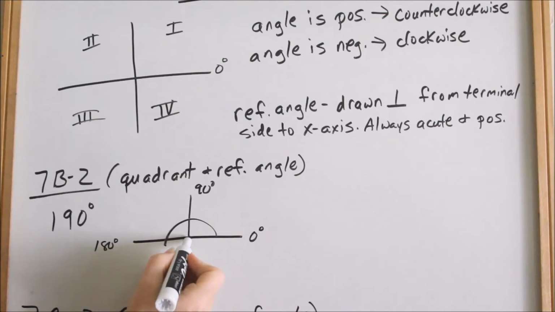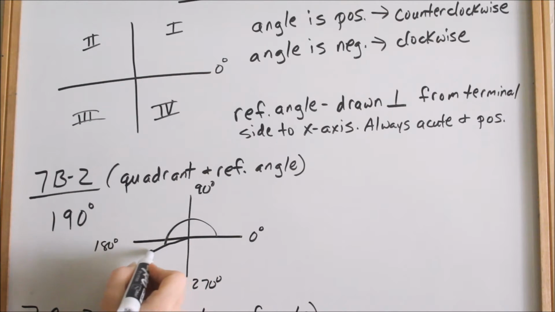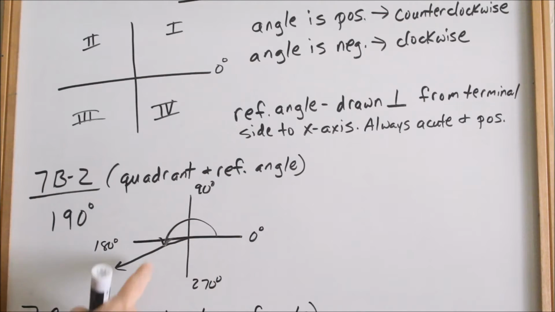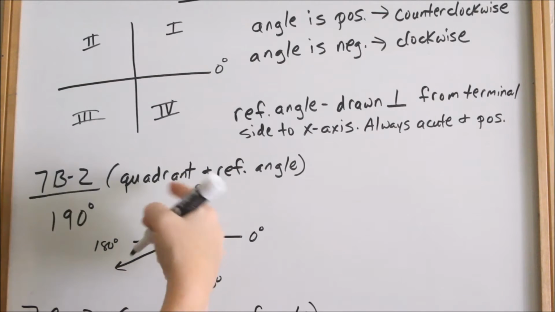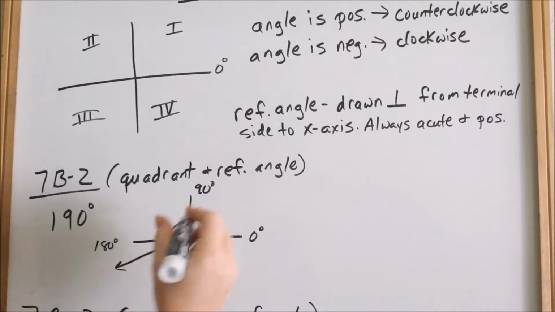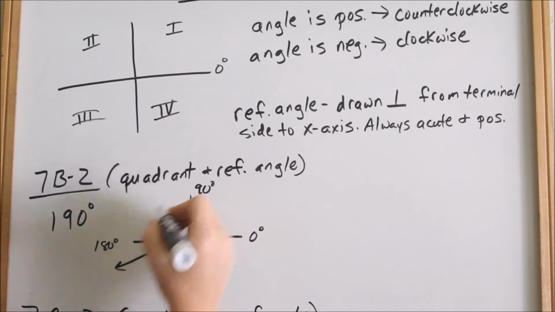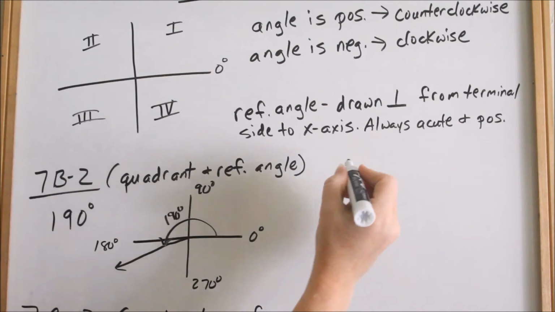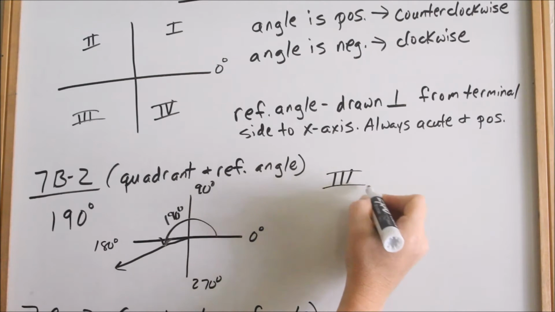So to draw that, we start from the origin, and that would be about 190 degrees. This is called our terminal side. We started at 0, and I like drawing arrows because this arrow shows which direction you rotated. You rotated in the counterclockwise direction, and so that is 190 degrees. So what quadrant did we end up in? 1, 2, 3. So we ended up in quadrant 3.